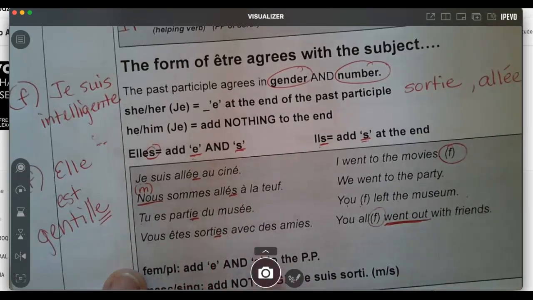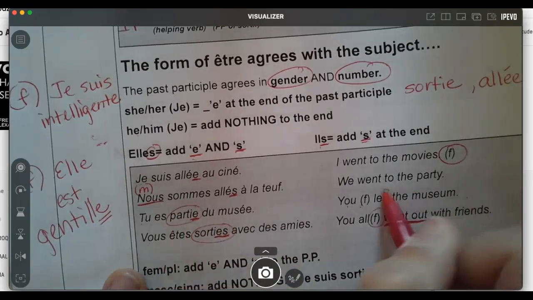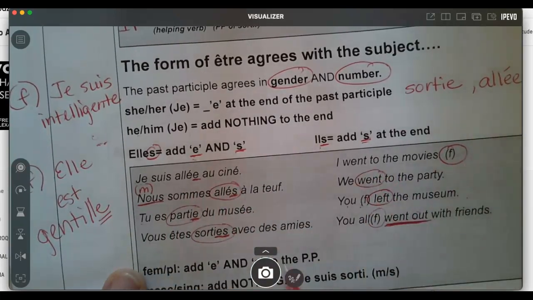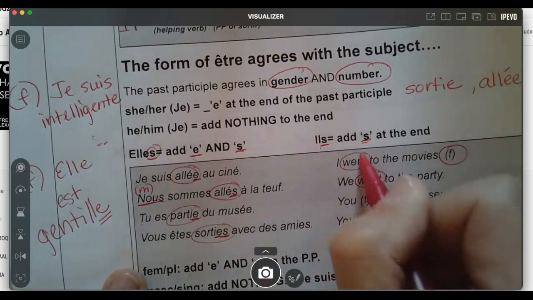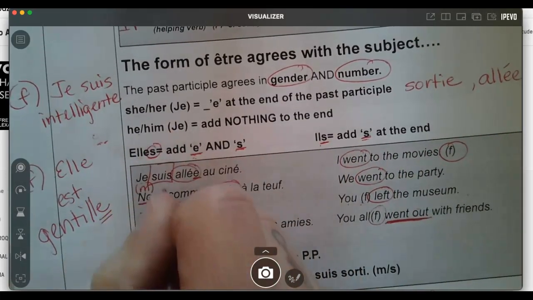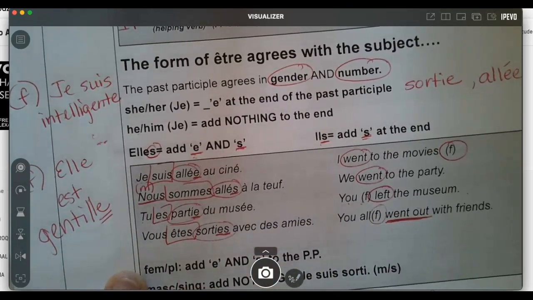We have an E, and it's a whole bunch of them, so we add an S. Okay? So, sorti, went out. Parti, left. Nous sommes allés, went. Okay? And then here is our être.